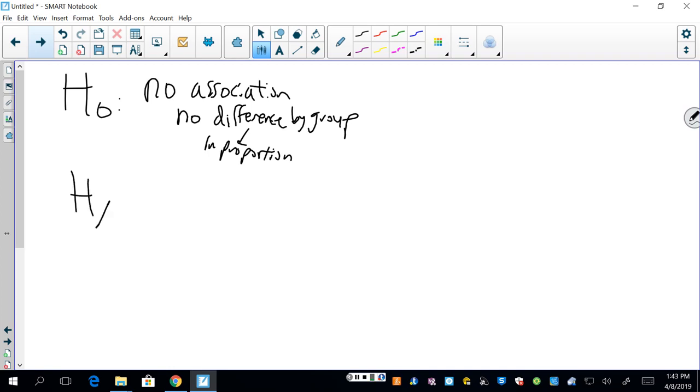The alternative is that there is some type of association, and the probabilities of being in these different athlete groups changes by genetic type, or viewed the other way, that the genetic type changes by athlete status.